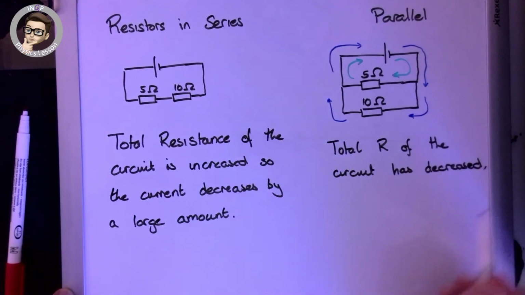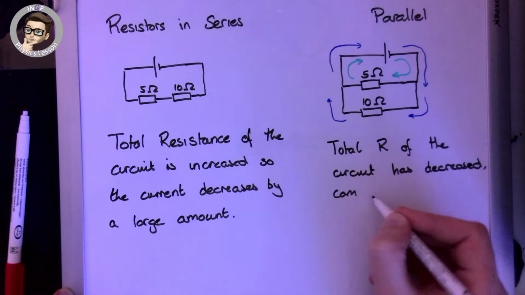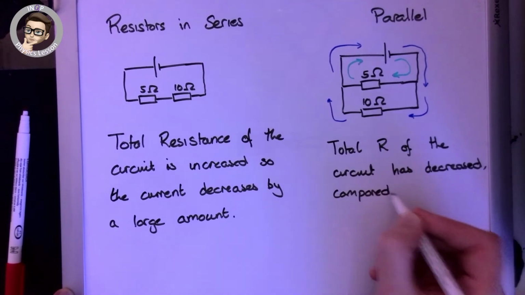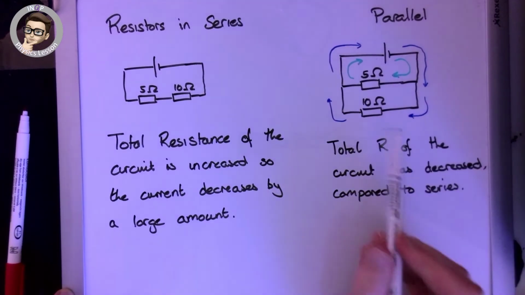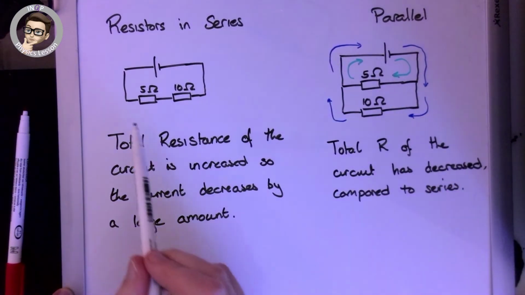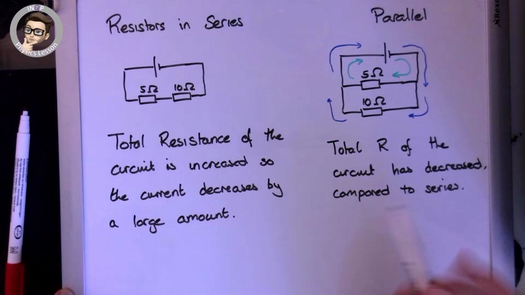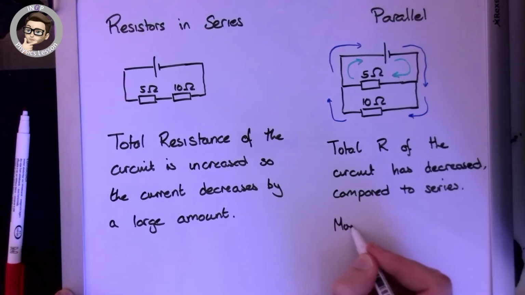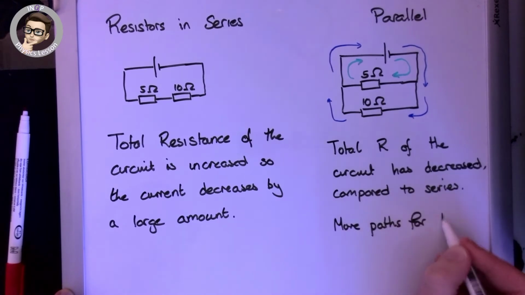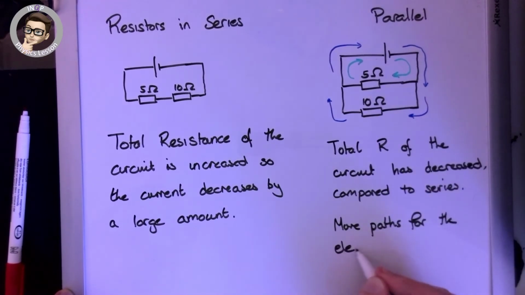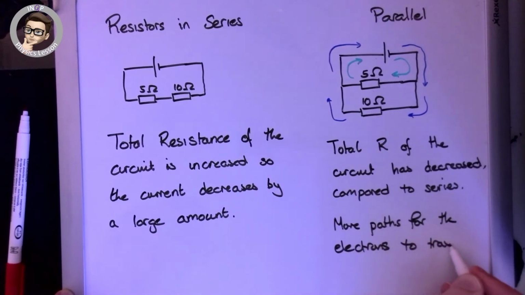So it's decreased compared to the series. So this has a lower total resistance than this one here. And that is because there are more paths for the electrons to travel through or travel down.